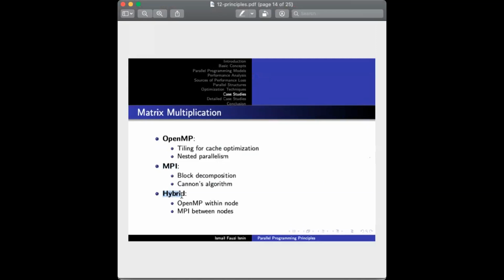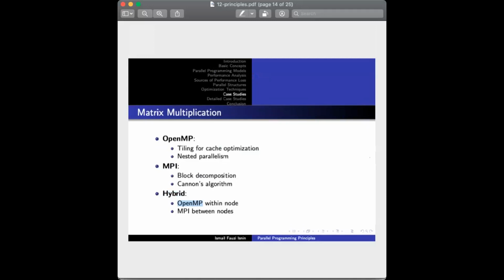And the next one, in a hybrid environment, we combine both methods. We use MPI to distribute, that's the first thing, macro blocks of the matrix between different servers across the network.